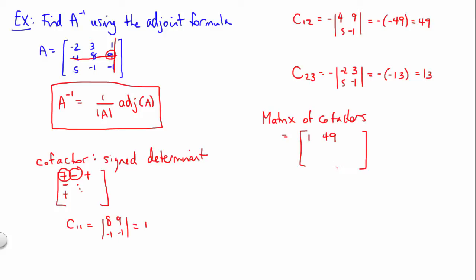So it'd be great practice to go through and check all 9 of these cofactors. If you don't want to do that, maybe just select a few entries here and double check these cofactors. C23 was one of the ones that we already calculated. It was 13. And there we have all 9 cofactors for this matrix A.